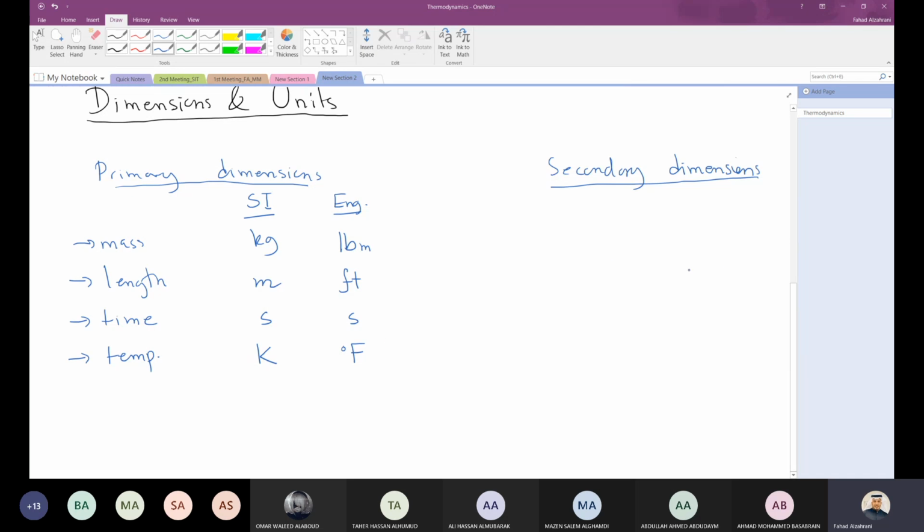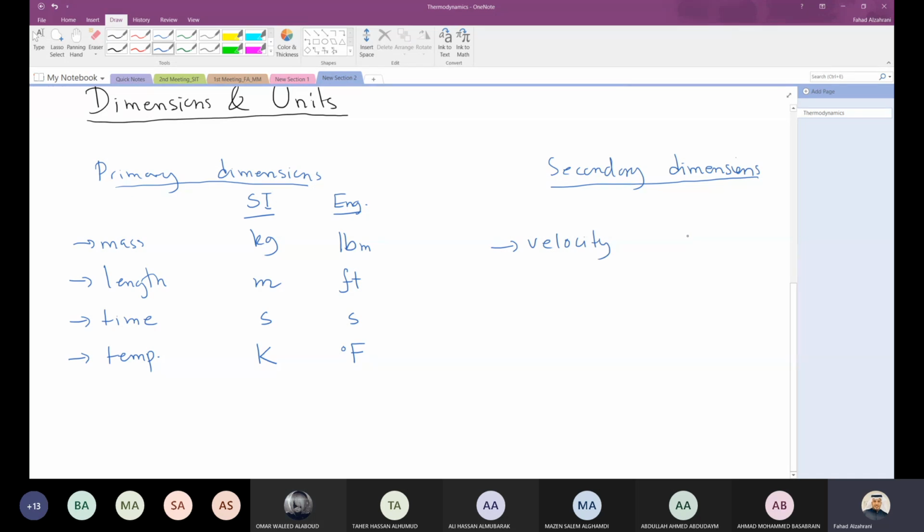So what is a secondary unit? A secondary unit is whatever you can make of the primary units, any dimension that is made up of the primary units. Like what? Meter per second, which is velocity. Exactly, excellent.